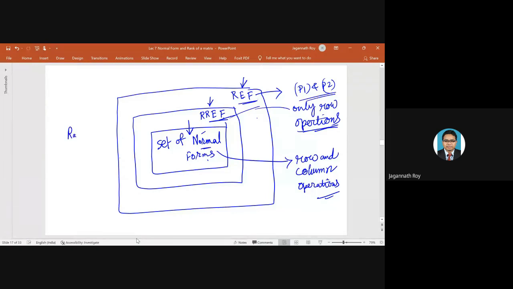So rank is connected to consistency, rank of A and of AB, the augmented matrix.